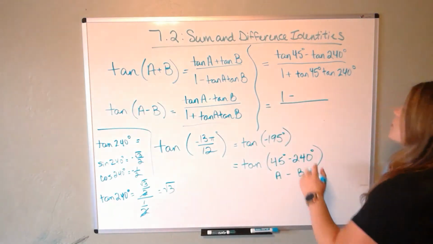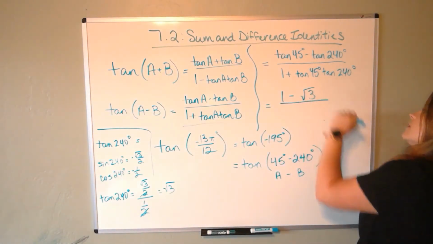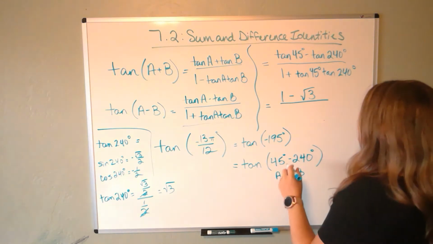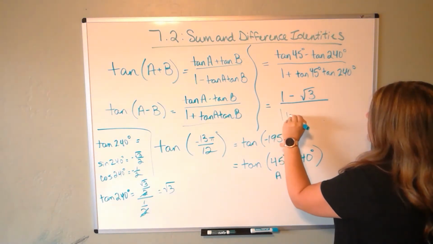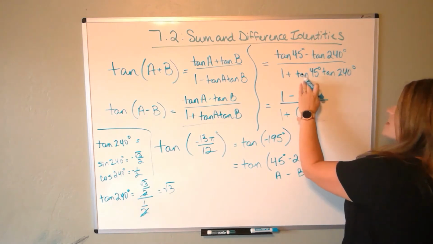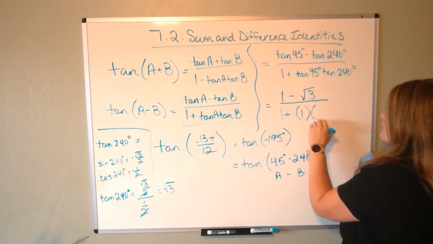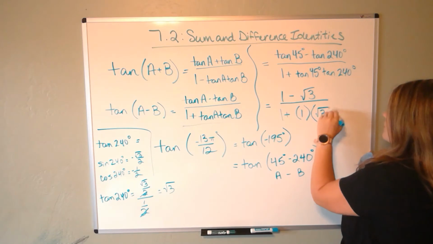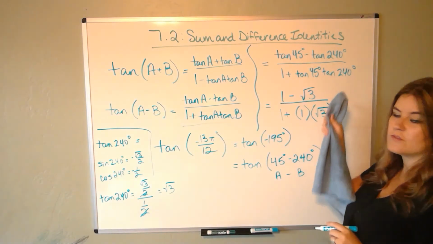So 1 minus root 3 over, let's see what we get on the bottom, 1 plus, well, the tangent of 45 is 1. Remember, this time you're going to multiply the two tangents. And I just found the tangent of 240 is root 3.